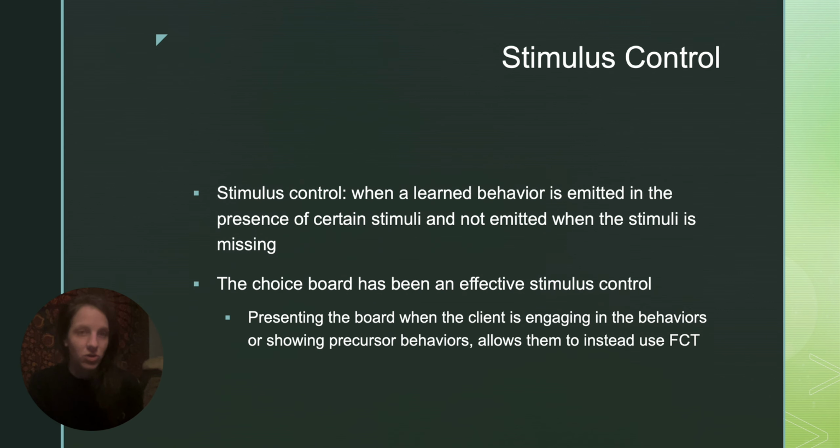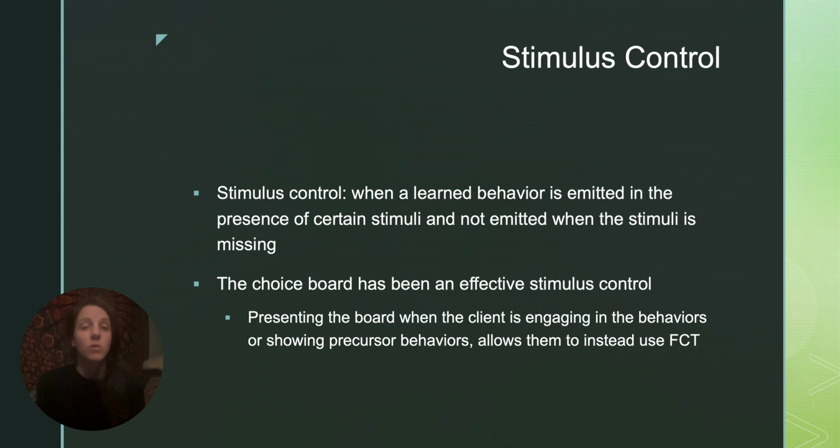Stimulus control is when a learned behavior is emitted in the presence of certain stimuli and not emitted when the stimuli are missing. The choice board has been a very effective stimulus control. We've noticed that, especially when they're in the midst of engaging in problem behaviors, if we can just present the choice board, they're very likely to pick something, tell us something, and utilize it to communicate.